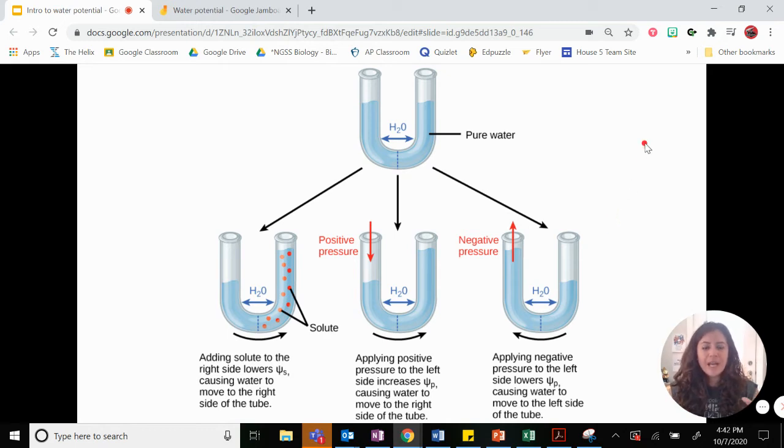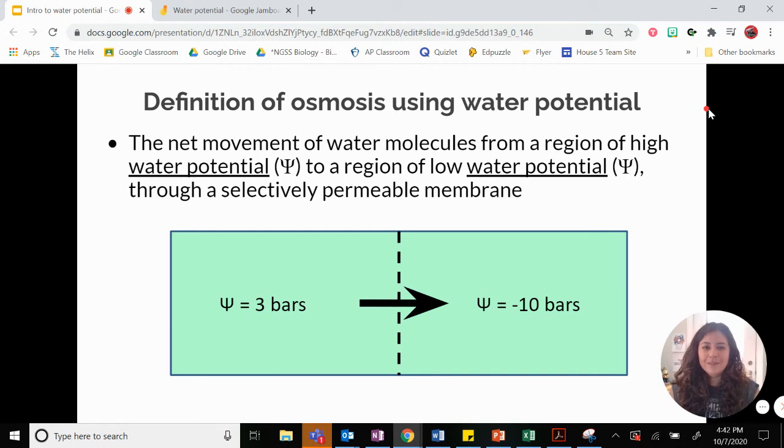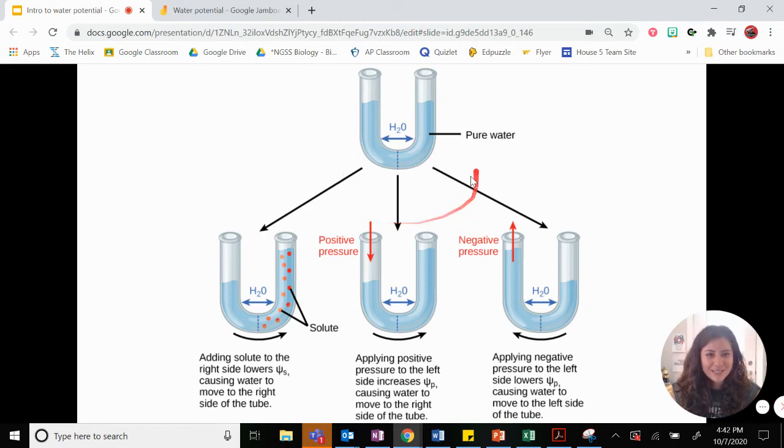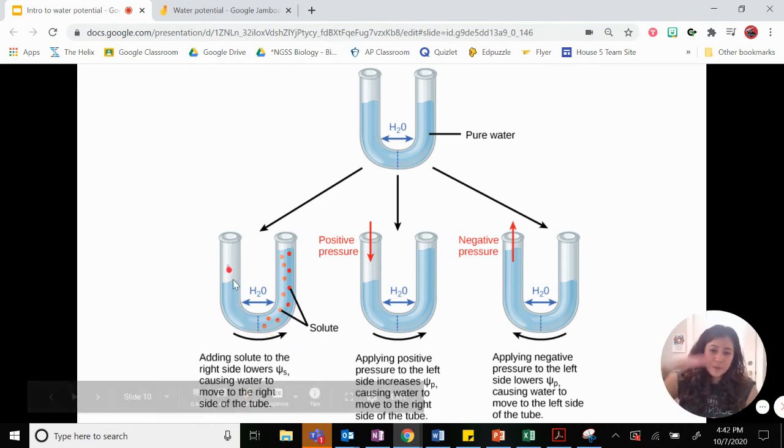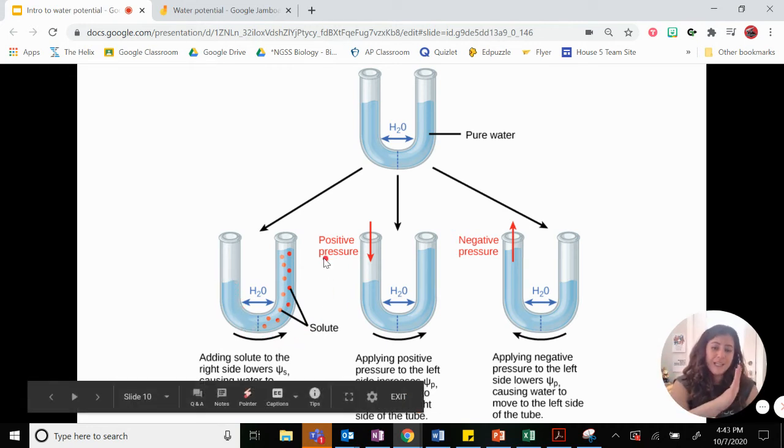Okay, so let's think about how we can actually use these water potential numbers to tell us which way water is going to move in osmosis. We have a new definition now of the way that water moves by osmosis. Going back to this example will help, because when we pushed the water down with positive pressure, it went to the other side, right?